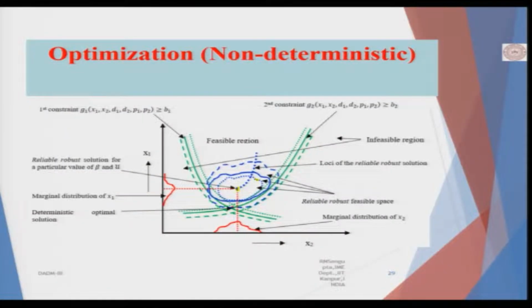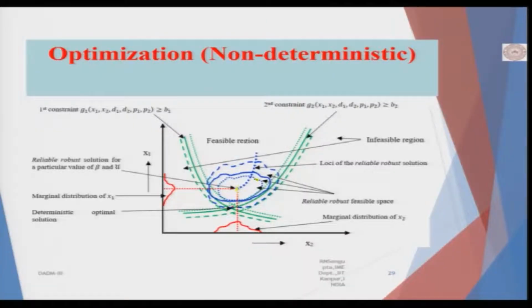This point, the blue one, is the reliable robust solution with some level of probability, depending on the value of reliability which I put on the perturbation of constraint 1 and constraint 2. Constraint 1 and constraint 2 can have different reliabilities, but I find the common value based on which I can find the common point.